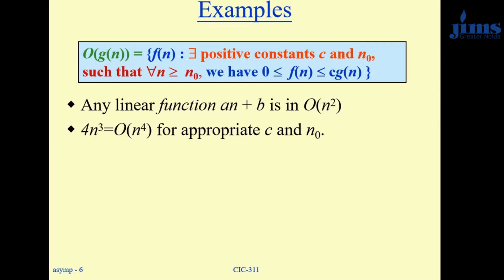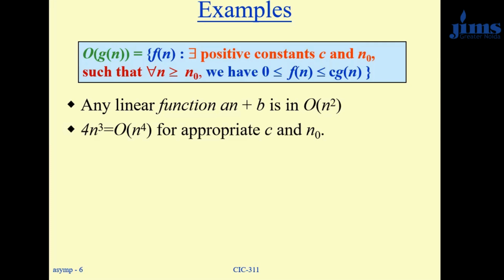But after a particular point, the value of c n square will always exceed the value of this linear function. That is why c n square will act as the upper bound of the function a(n plus b) after a particular value of n, that is n naught. Since it acts as the upper bound, it satisfies the criteria for a big O notation. That is why the linear function is big O of n square.